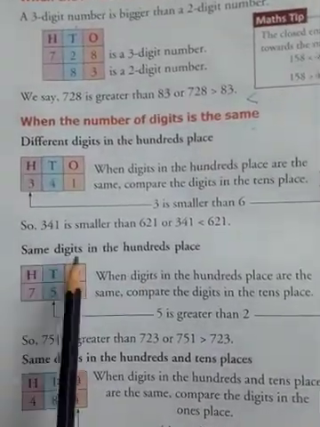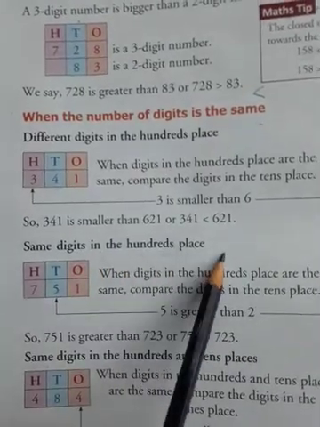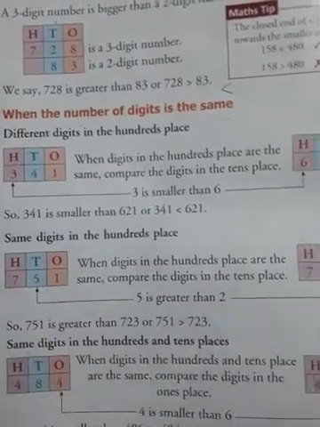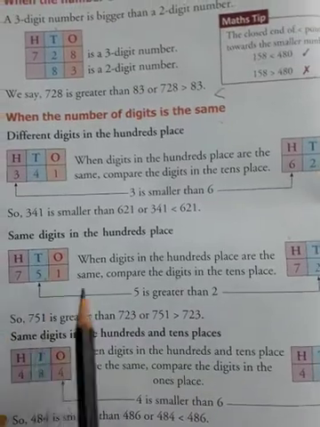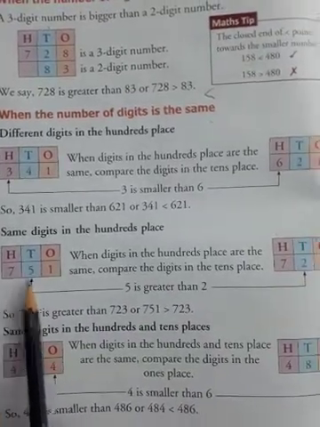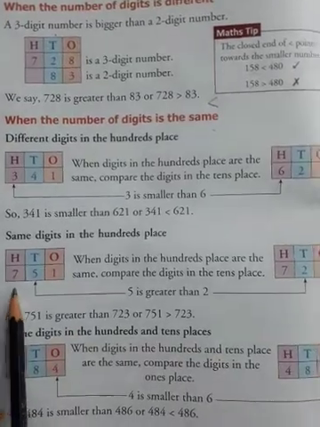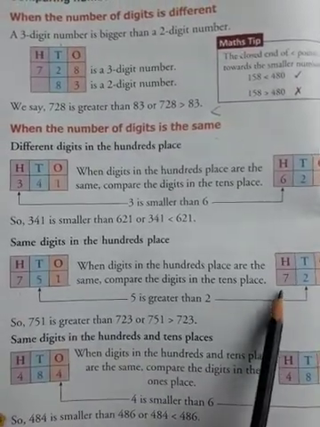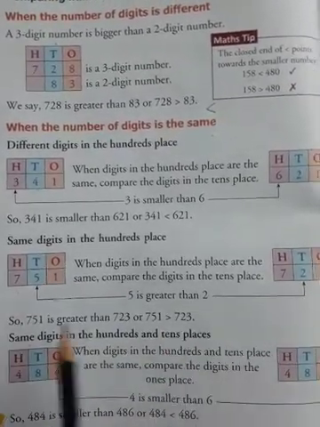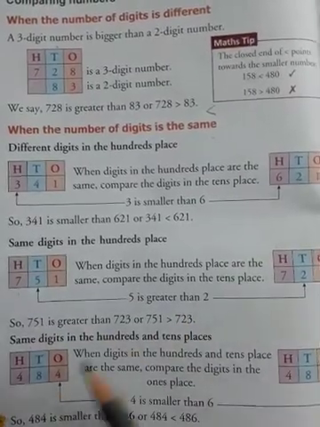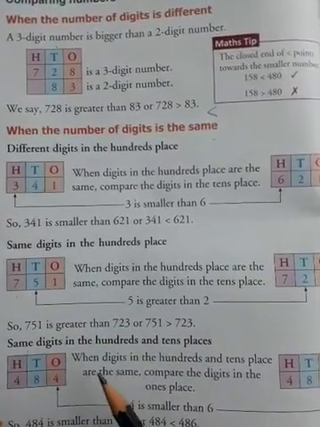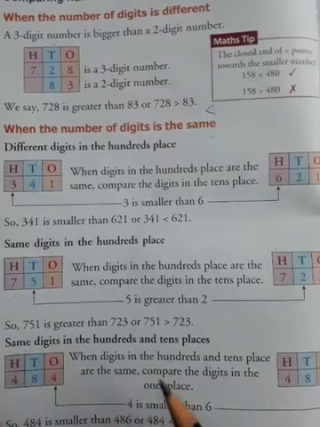Next is same digits in the hundreds place. You can see here two numbers, 751 and 723. You can see here 7 in the hundreds place and here is also 7 in the hundreds place. So the hundreds places are the same. So what do we do? We check the tens place.